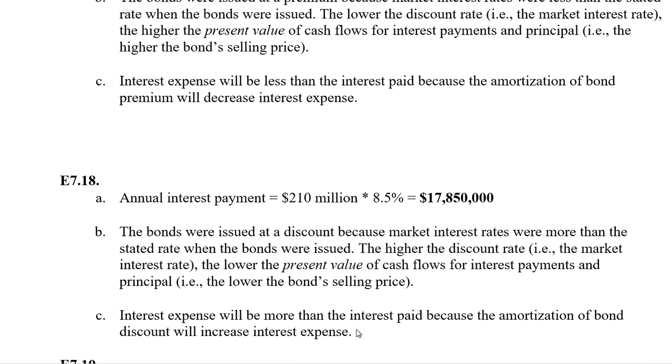So the interest expense is going to be more. Now remember that the interest expense on a bond is the addition of what you have to pay, which is stated on the face of the bond in interest, plus whatever amortization you're doing on your discount on your bond. So you add those together to get your interest expense.